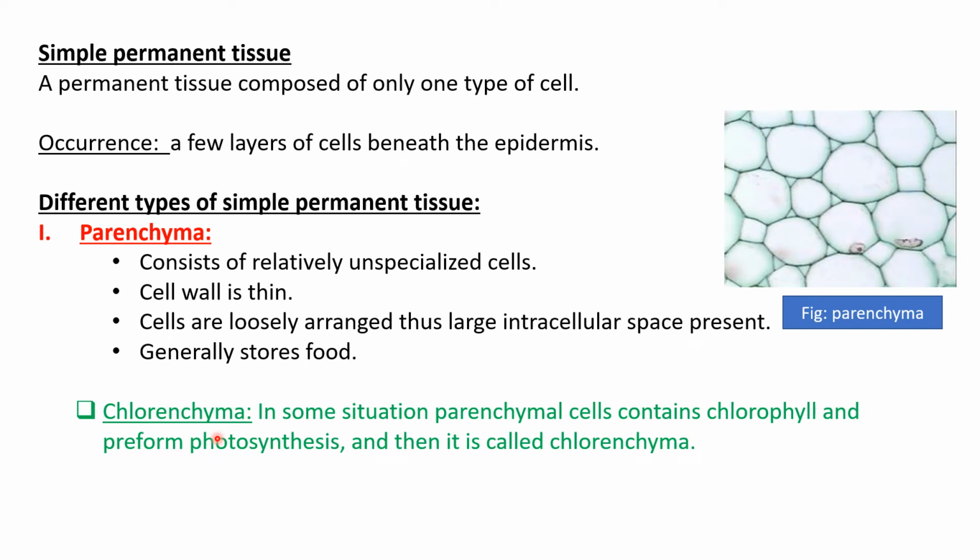In these cells we can see the chlorophyll, so they are responsible for photosynthesis. In some situations, parenchymal cells contain chlorophyll and perform photosynthesis, and then it is called chlorenchyma. So chlorenchyma means chlorophyll or chloroplast is present, and these cells are mainly responsible for photosynthesis.